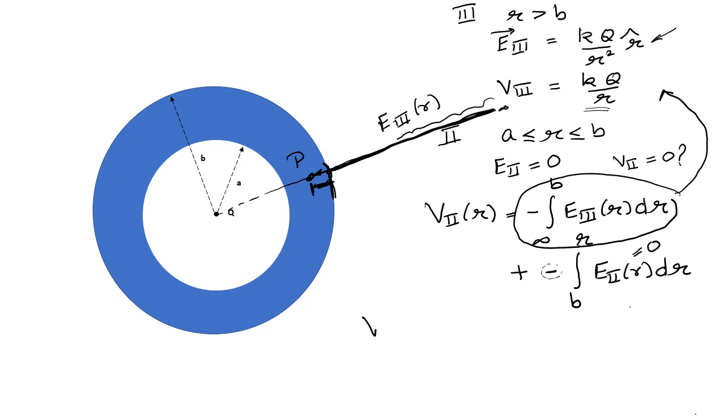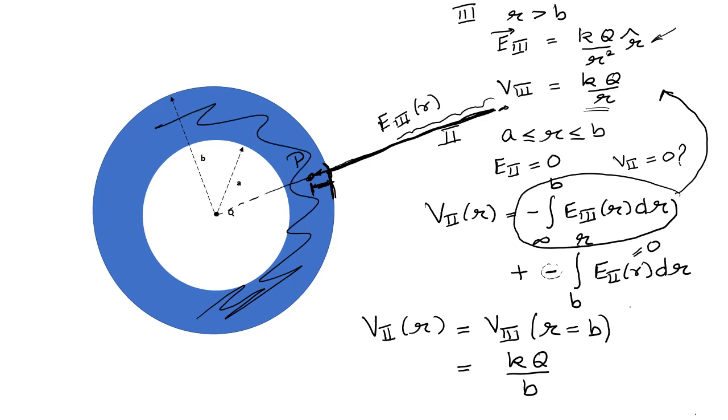That integral is simply the value of the potential we saw in region 3 when R was equal to B, when we came to the boundary of that region, and simply KQ by B.